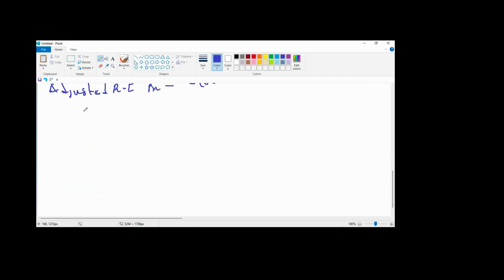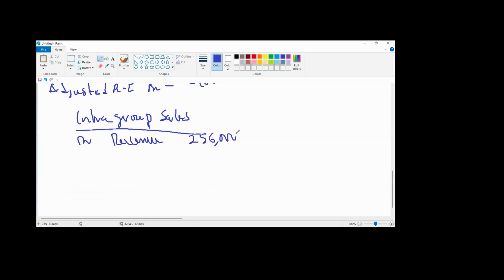You cannot sell to each other, you are a single entity. Go to the question and say debit revenue with 256,000, credit cost of sales with 256,000. You cannot sell to each other.